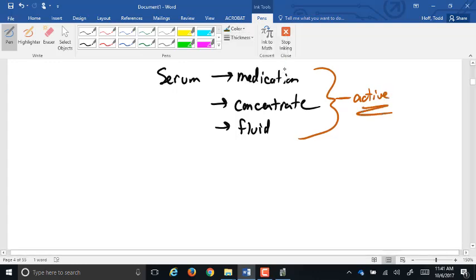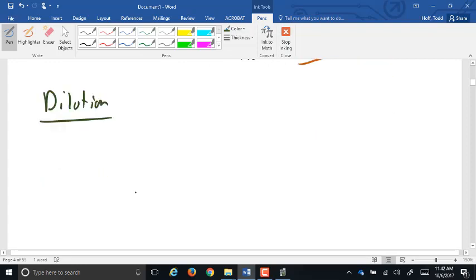So a dilution is a ratio like we had discussed before. And the ratio of dilution is parts of the serum, of that active ingredient or that ingredient that's of interest to us, to total parts solution.